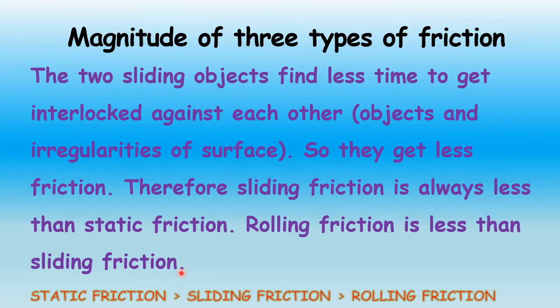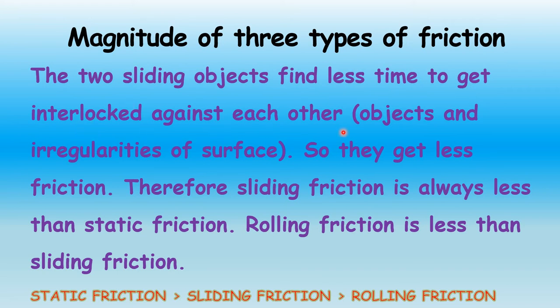Out of these three types of friction, which is greater? You can just guess it. It is very difficult to apply force and start the motion of the object. So always static friction is greater than sliding friction. Once it starts moving, the two sliding objects find less time to get interlocked against each other.